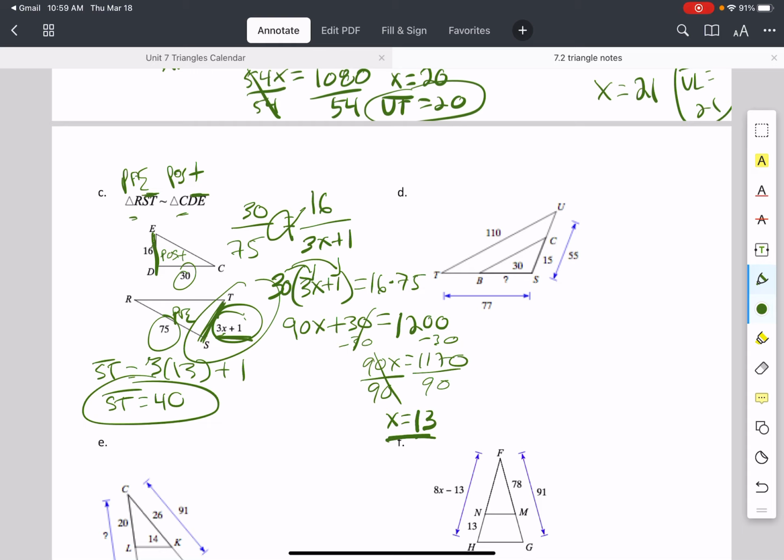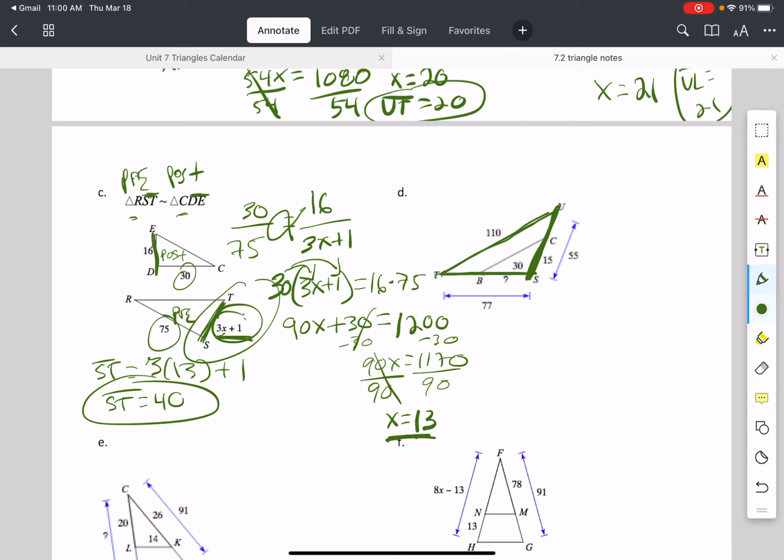So you don't need the similarity statement because it's easy to see that this piece here is going to match up with the big one that it's sitting on, right? And BS is going to match up with TS, okay? So the dilation doesn't need a similarity statement because the triangles are one inside the other, and so it's easy to see which pieces match with which.